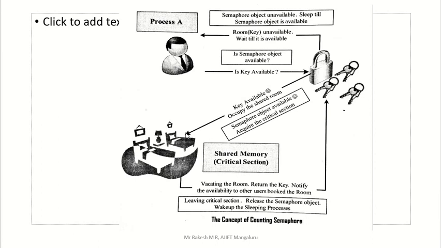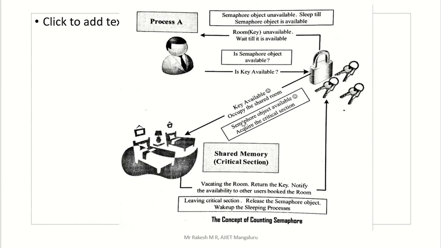I will give another example in another slide. This is the example given in your syllabus. Here this is the shared memory area, and here we have a room key available.